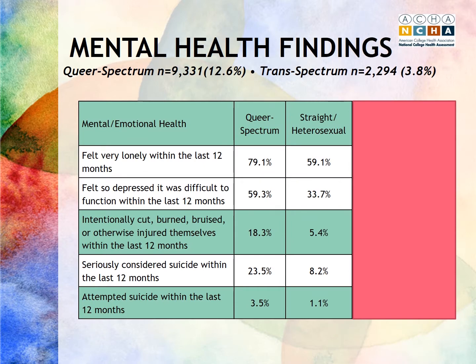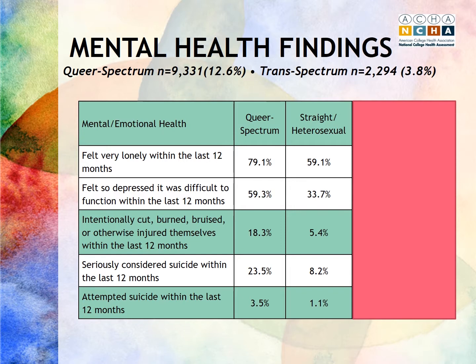For mental health items, take a look here first at the queer spectrum versus straight students. You can see the clear differences in feeling very lonely or so depressed it was difficult to function in the last 12 months. But really the starkest differences are in the last 3 rows there on self-injury, suicide ideation, and suicide attempts.